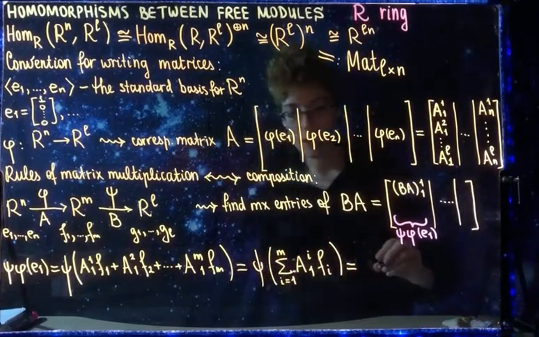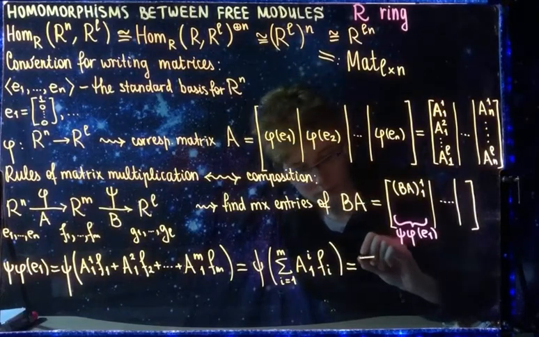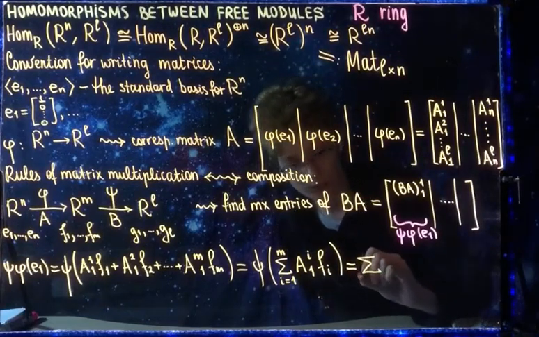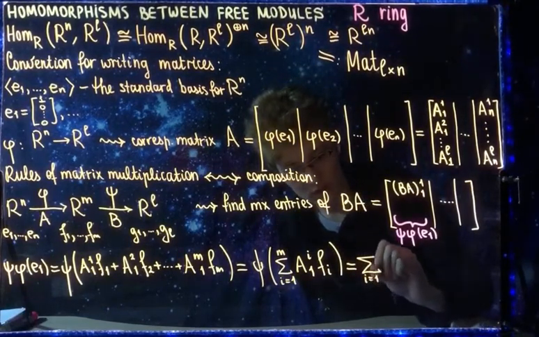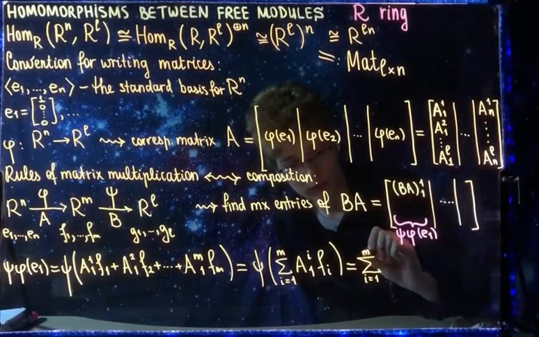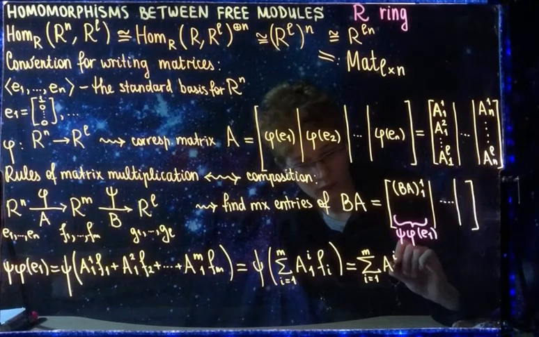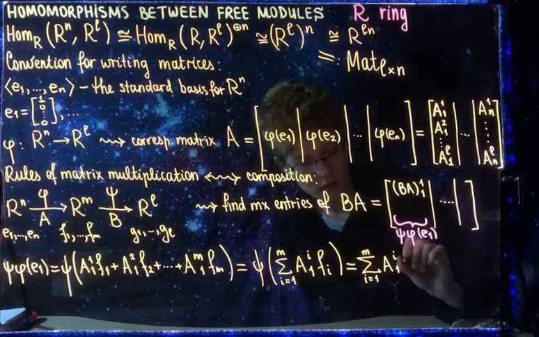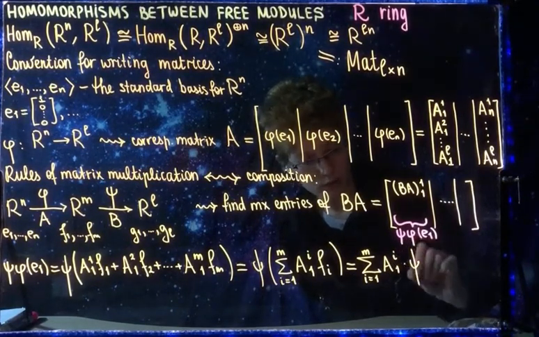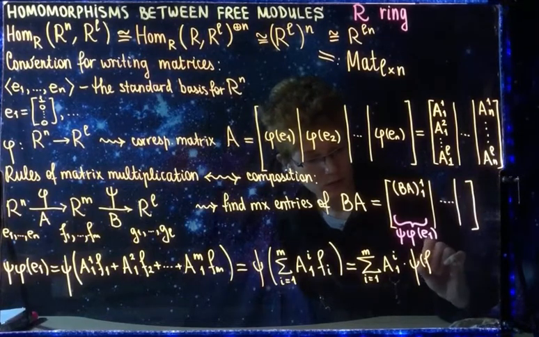Because psi is a homomorphism, I can move the sum outside. So sum and the coefficient Ai1 times psi of Fi.